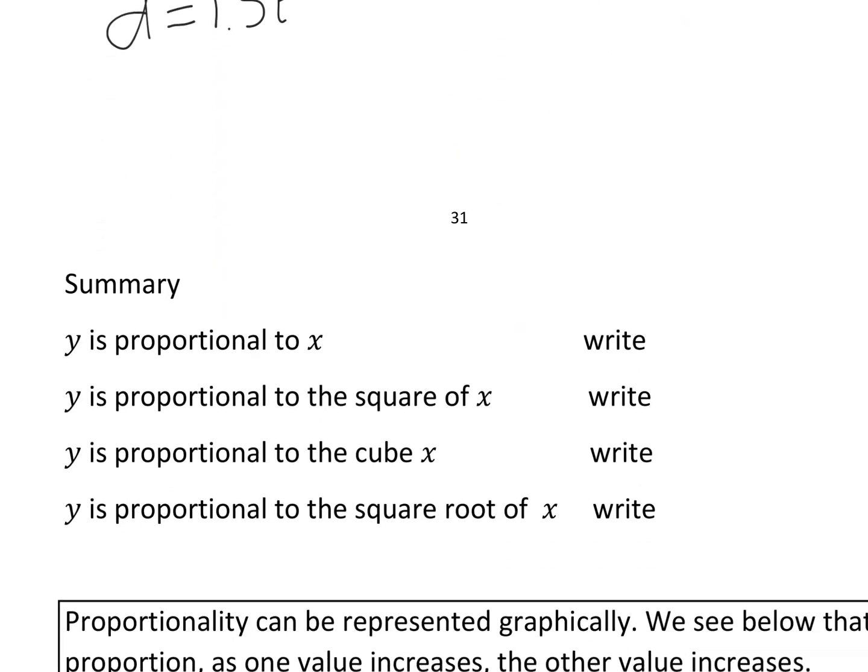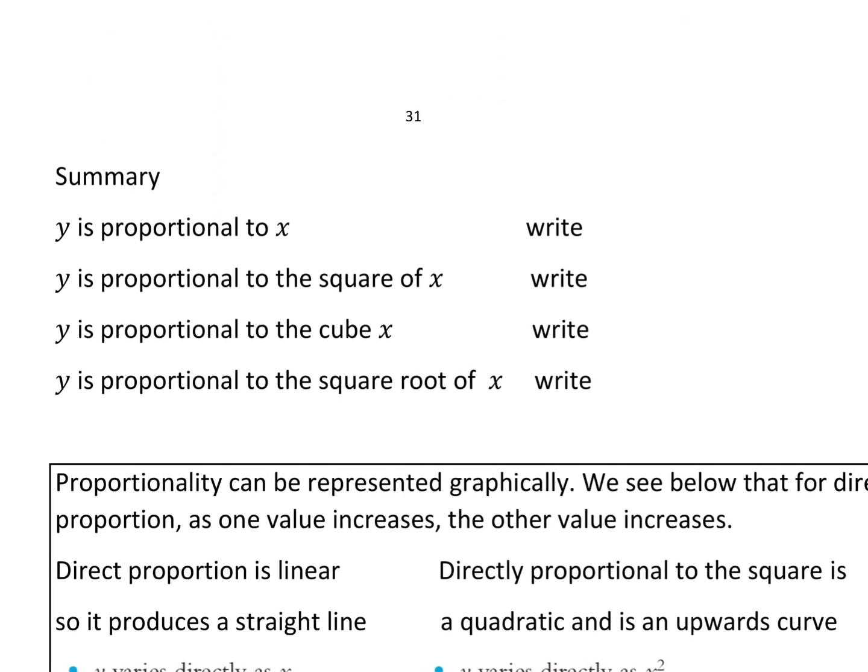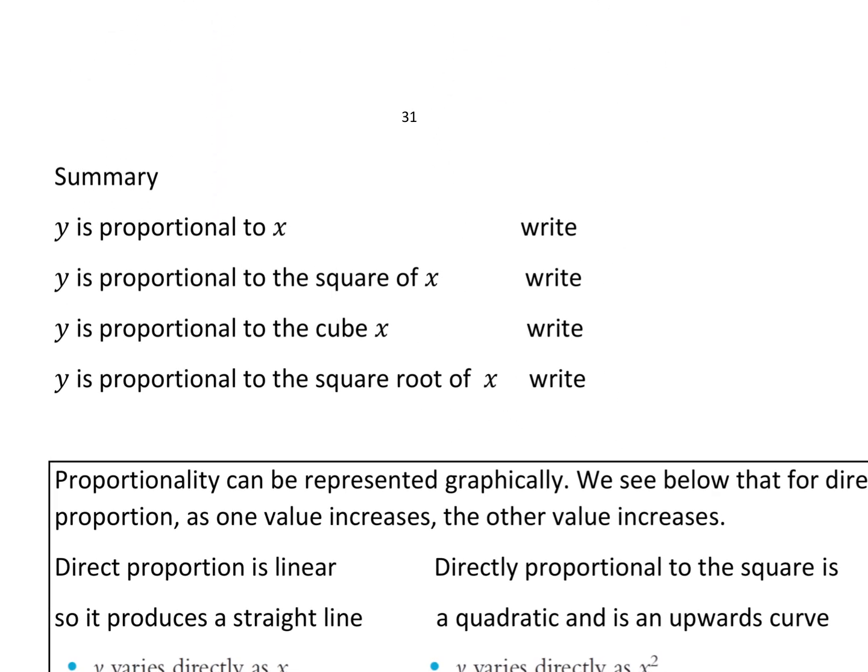So we just saw 2 examples, but we're going to just summarize, maybe see a few different ones. If you see in the question that y is proportional to x, you would write down y is proportional to x. If you see that y is proportional to the square of x, you would write y is proportional to x squared. But there's many other ones.